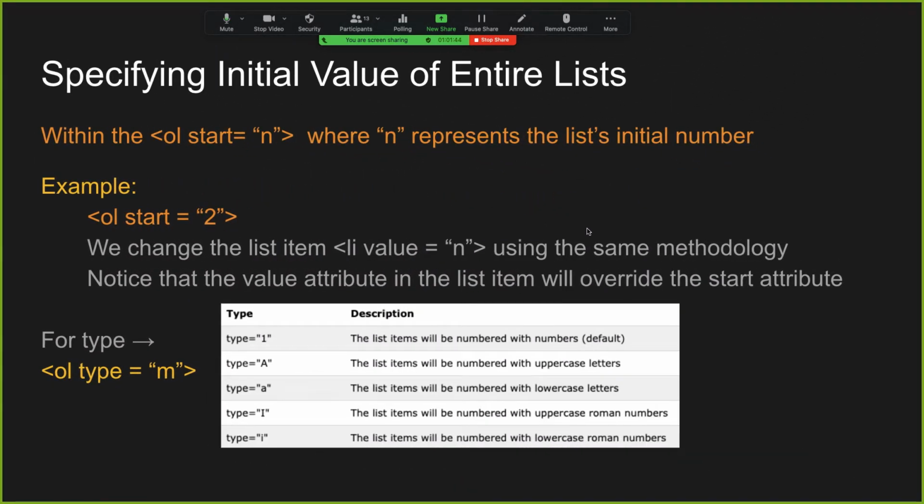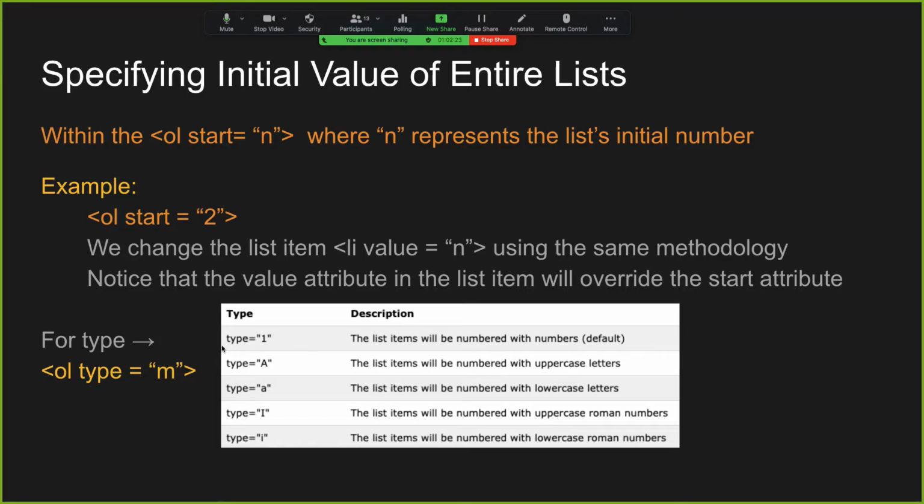You can also specify the initial value of the entire list. We've talked about where the start is. And of course, the previous example just demonstrated that. N represents whatever that initial number is. The other thing that you can do is specify the type. Same as up here, whatever you specify the type is, it will take on that value. Now these preset values you see here: if I specify type as 1, then the list will be ordered by numbers.